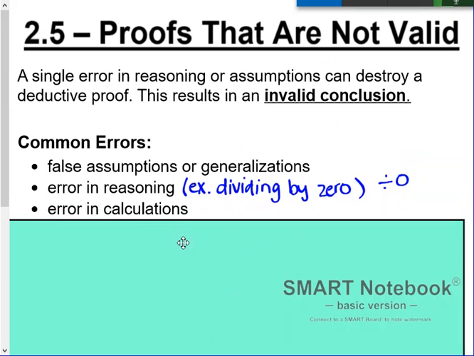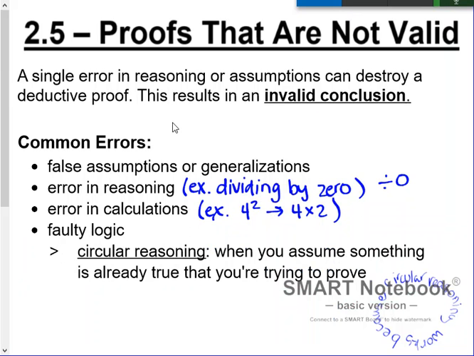Another common error would be an error in your calculations. So instead of doing, say, 4 squared, you do 4 times 2. This means it should be 4 times 4, not 4 times 2, and that is one of the most common calculation errors you usually see. Then the last one is faulty logic. One example of faulty logic is using circular reasoning.